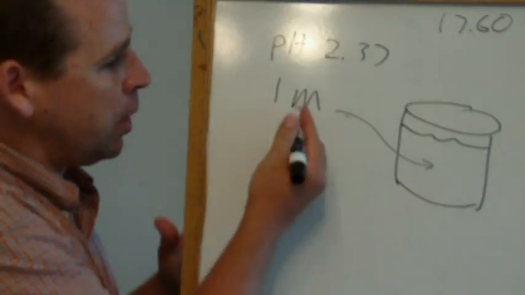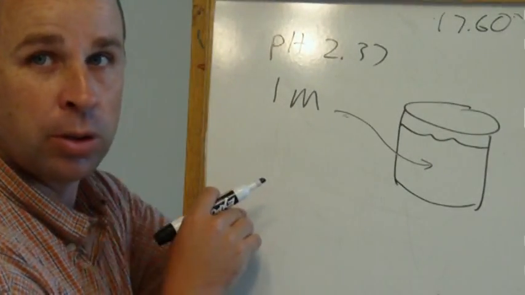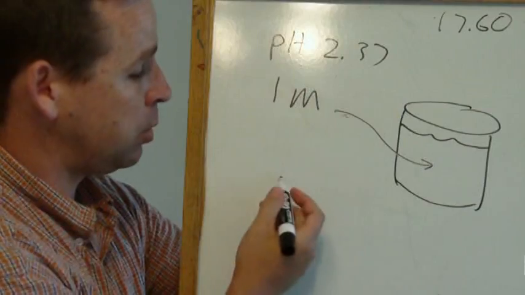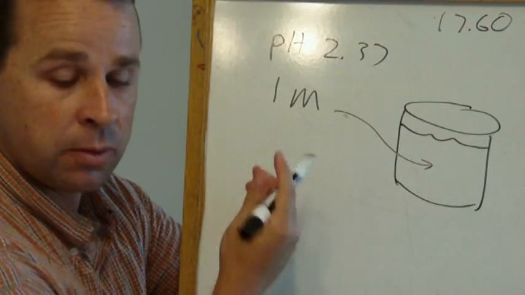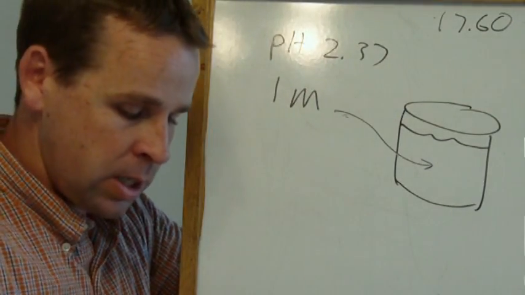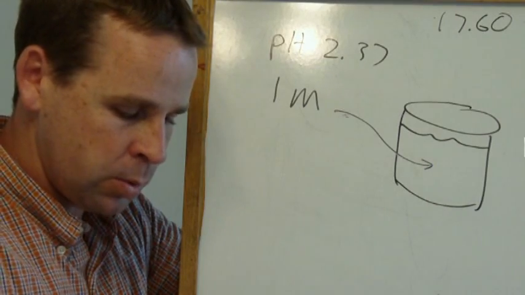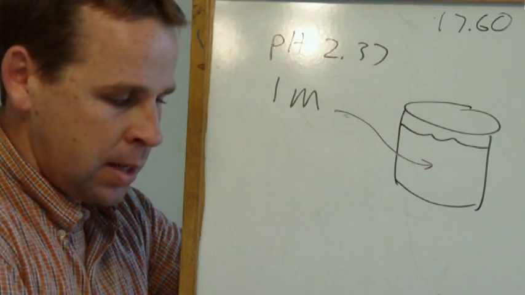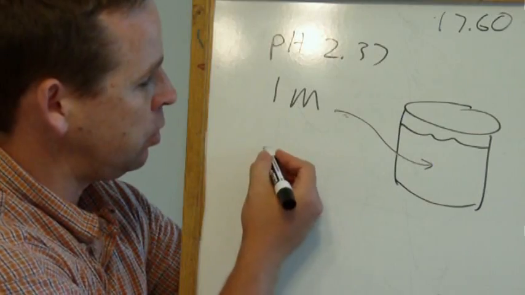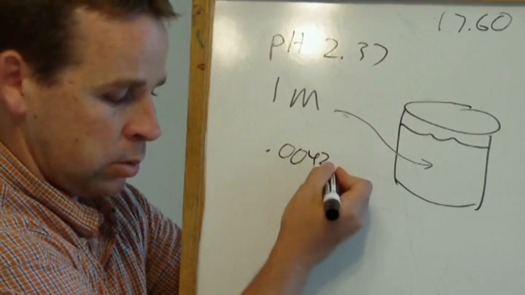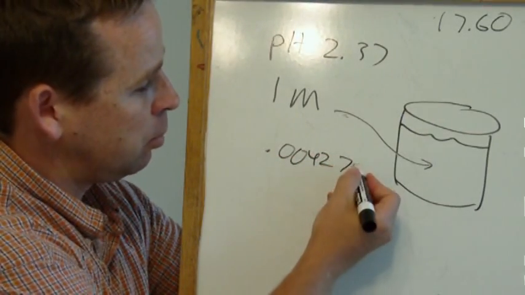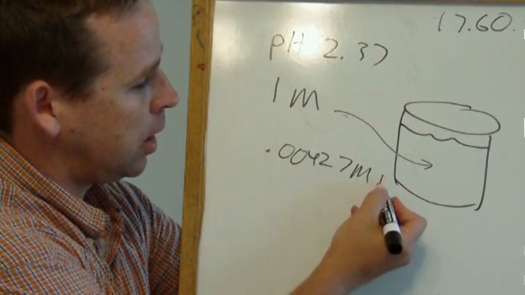Well, we know that we have 1 molar acetic acid, and 2.37 indicates the molar concentration of the H plus ion. So we can take 10 to the minus 2.37, and that is 0.0042 molar H plus ion.